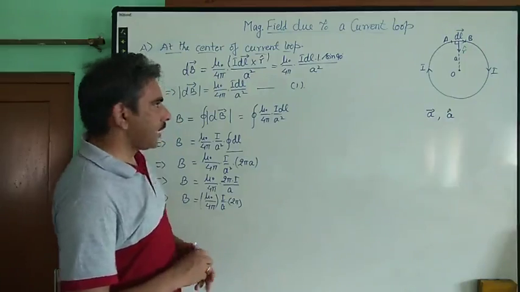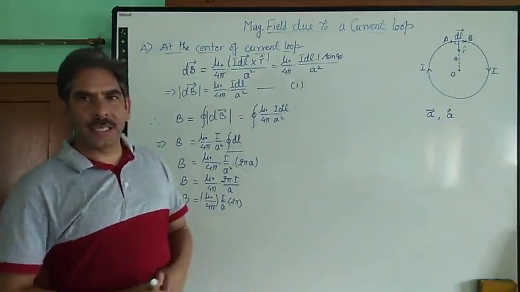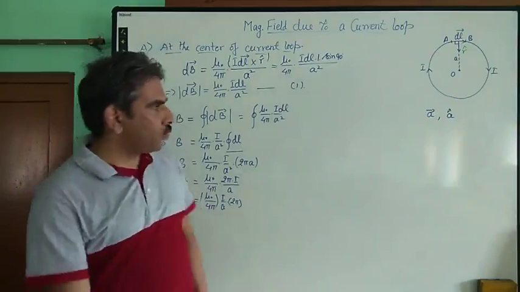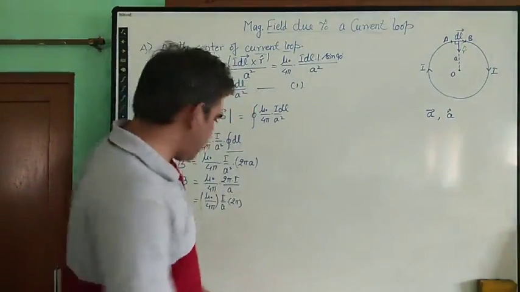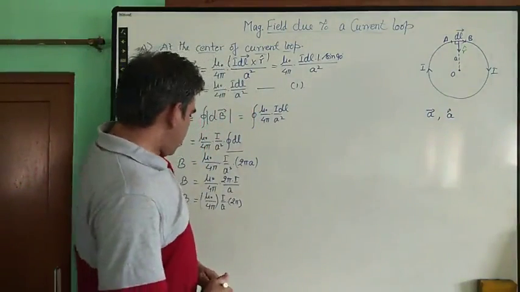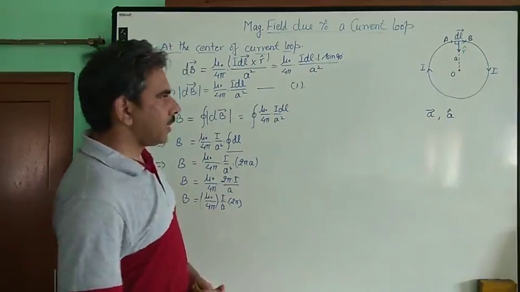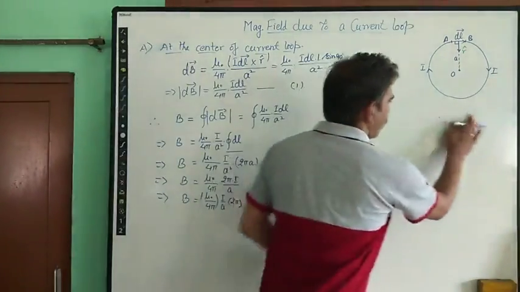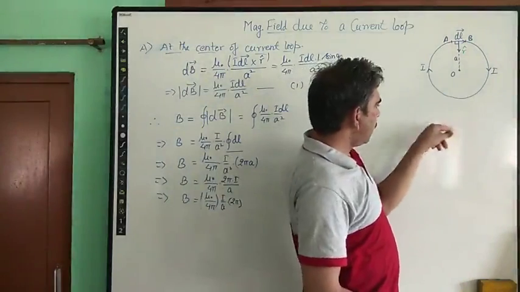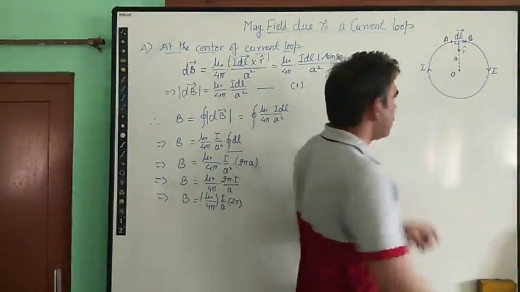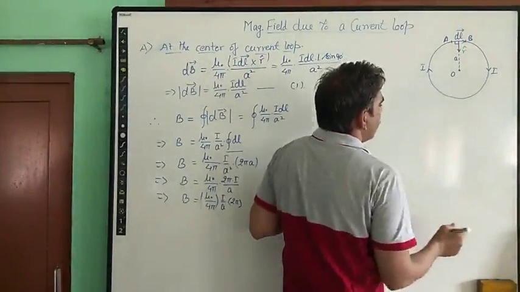So this is the magnetic field due to a current loop at its center. There can be a few special cases which we can discuss. Very first special case is, what if we have only some section, some sector of this loop.